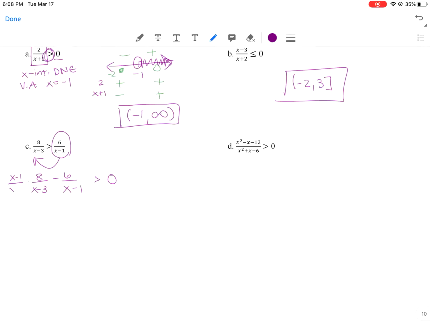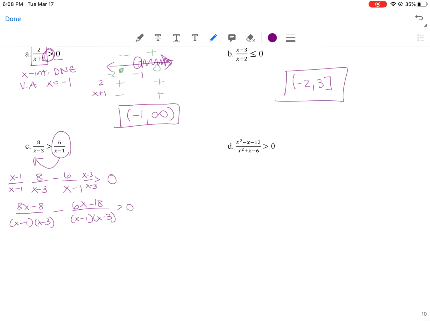So multiply this top and bottom by x minus 1 over x minus 1, and this by x minus 3 over x minus 3. So we'd end up with 8x minus 8 over x minus 1, x minus 3, minus 6x minus 18 over x minus 1, x minus 3, still is greater than 0.